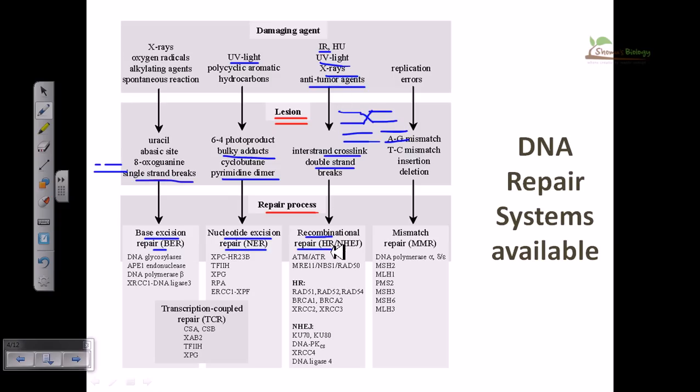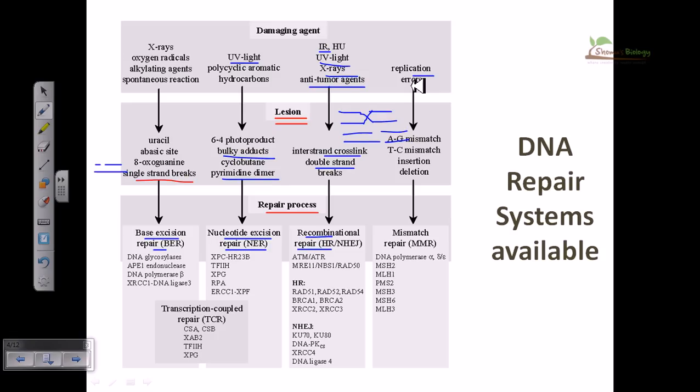I am not going to talk about this recombination repair system in this video, because I have already discussed this process in my previous video. You can go to my website or my YouTube site and find a video on recombination repair and watch it.